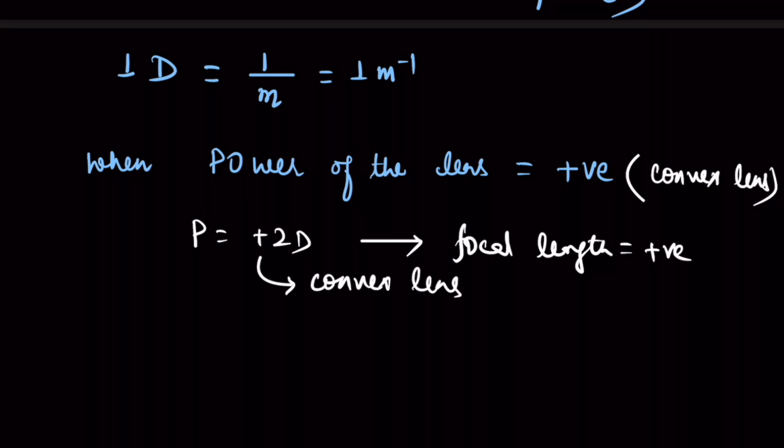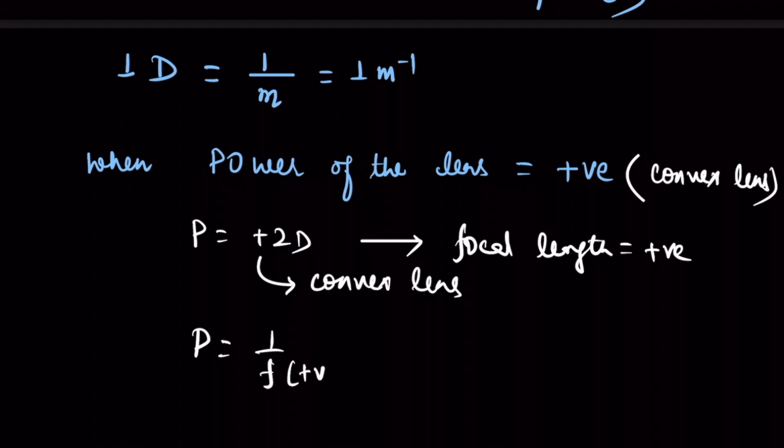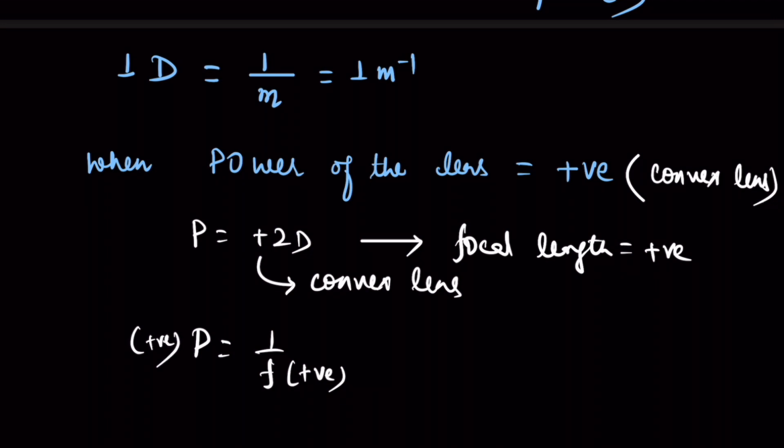Why is the focal length positive? Power is equal to 1 by f, so when f is positive, P is positive. With the help of sign convention, if the focal length is positive, it means it's a convex lens.